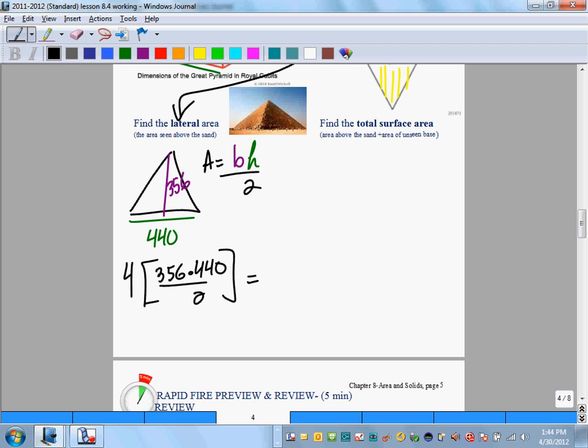Triangle, one-half base times height. Good. I've got the big calculator out. I got 313. Good. Find the circle there.